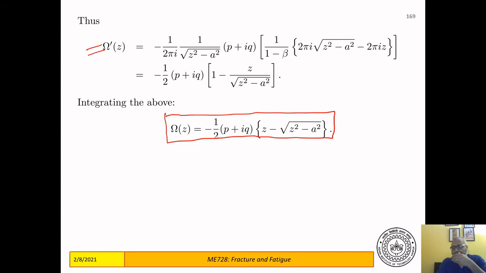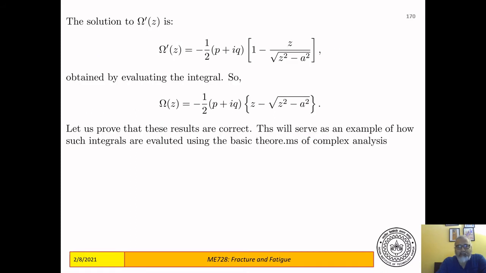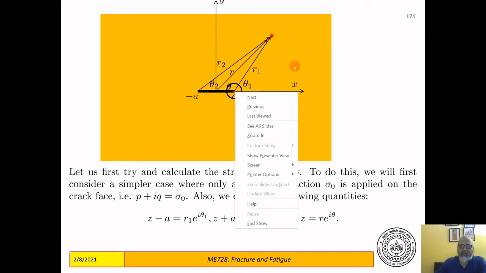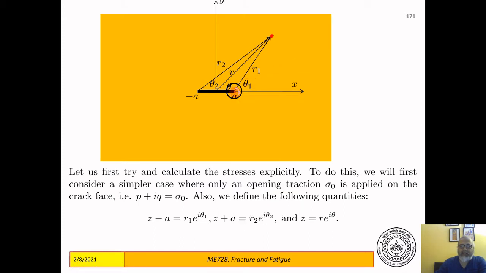Theta z is 0, so there's only one potential that is needed to solve this problem, and to get the solution, what we are going to do is similar to what we did in case of the punch. So now for this crack, we will define one. So here's a point in space. We'll define the coordinates with one set of coordinates at this crack tip.